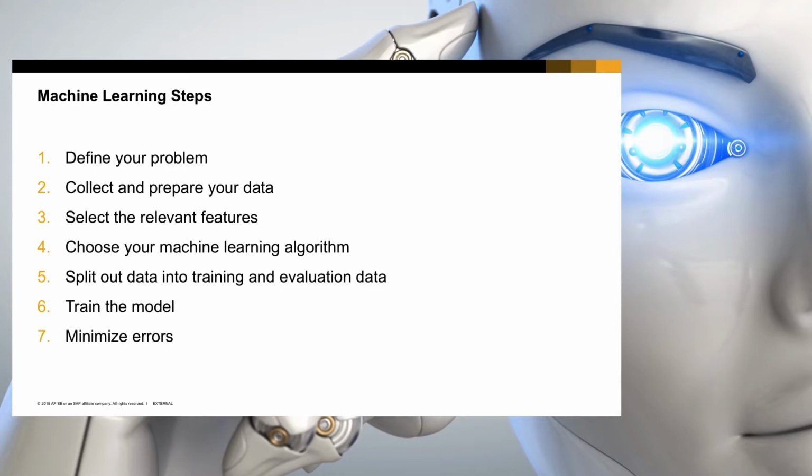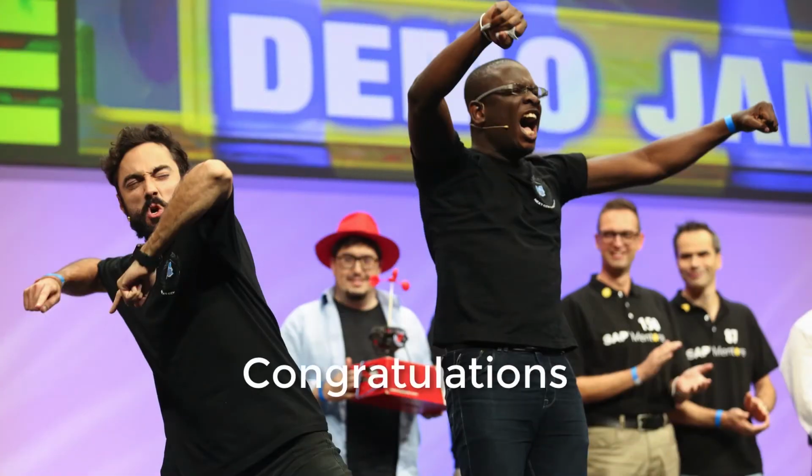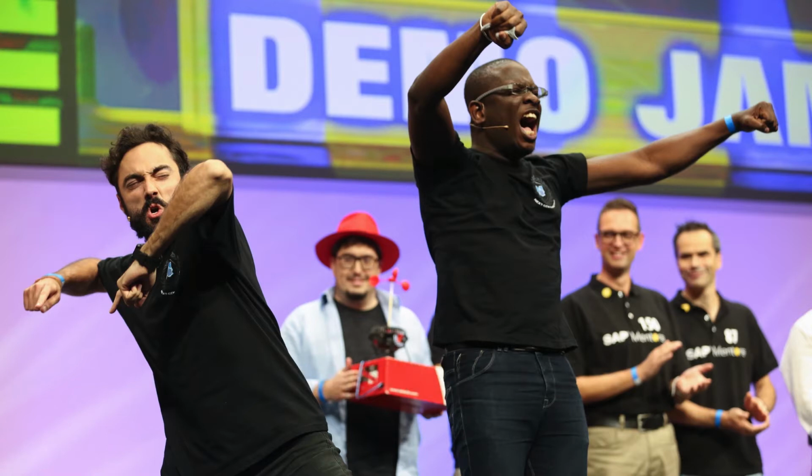Number 7, the evaluation data is used to minimize the prediction errors. And finally, number 8, the model is applied to show the prediction class of the new incoming data we are making live in front of the camera. We now learned and already applied the basic steps of machine learning.